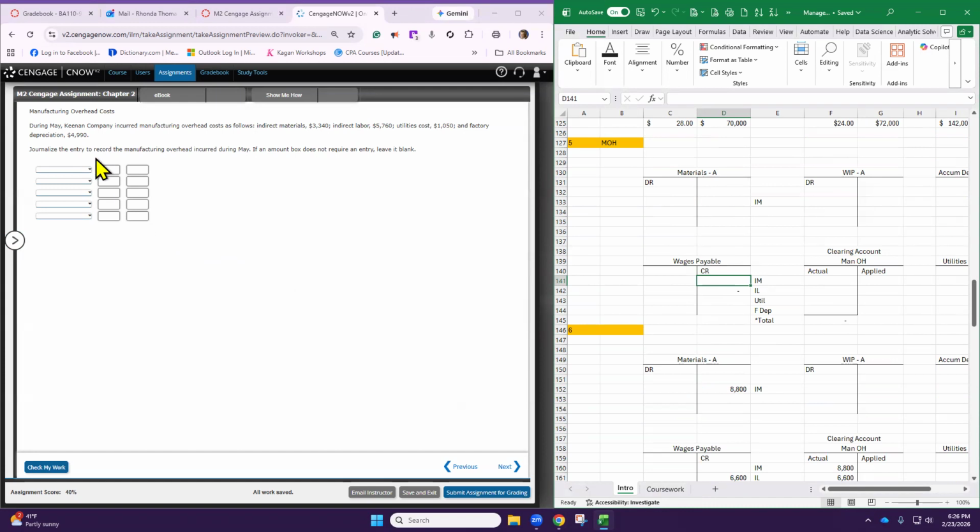It says during May, Keenan Company incurred manufacturing overhead costs as follows: indirect materials, indirect labor, utilities costs, and factory depreciation. So let's go ahead and put these in here by what they're saying.